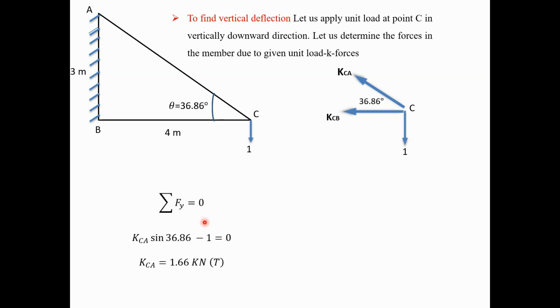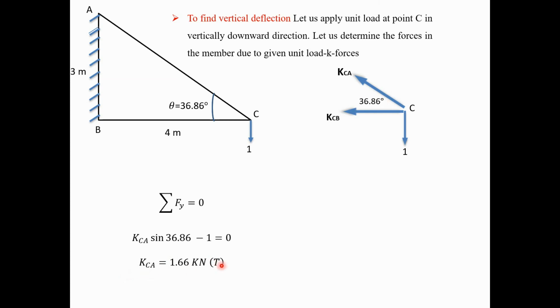So summation of Fy is equal to 0. By applying the summation of Fy to this joint C, the vertical component of KCA is acting in the upward direction, so it is plus KCA sin 36.86, and this minus 1 is equal to 0. Then KCA comes to be 1.66 kilonewton, positive. It means that again the assumption for KCA is correct. We assumed tensile nature and we got the positive sign.